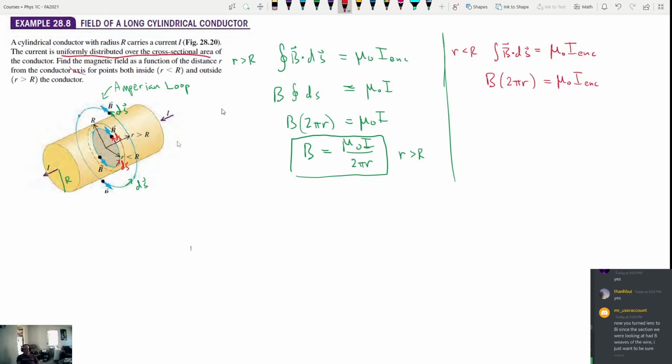That doesn't always have to be the case, but it is in this case. Since it's uniformly distributed over the cross-sectional area of the conductor, the current enclosed should be equal to the ratio of the areas times the total current. That is to say, it should be pi r squared divided by pi big R squared, multiplied by the total current I.